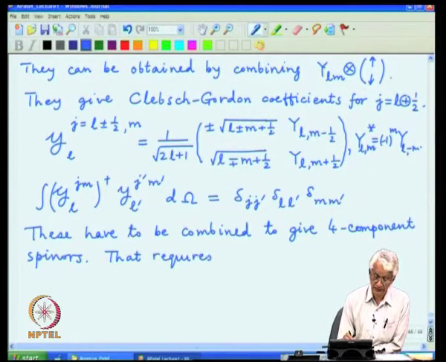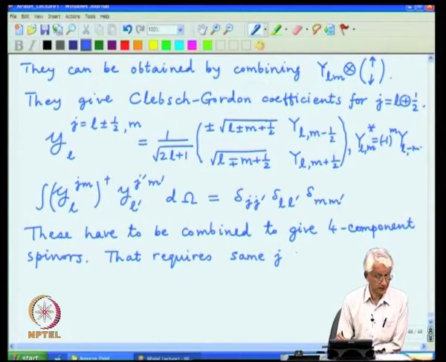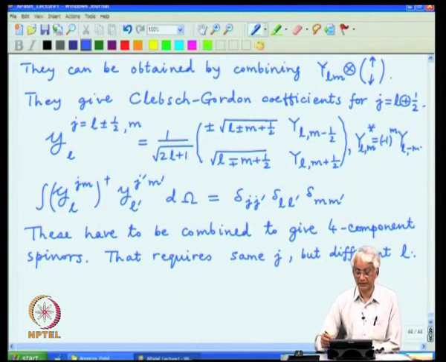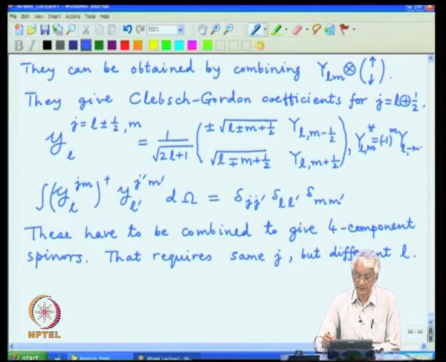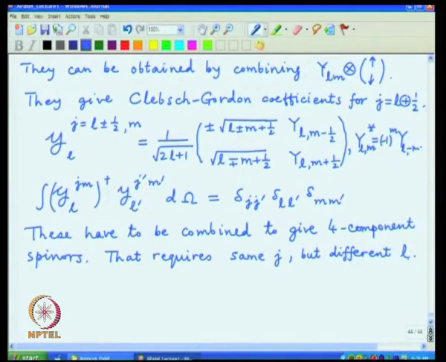solutions with the same value of j, but different values of L. In particular, the L values will differ by 1 unit, so as to contribute the compensating factor to gamma 0 to make up an overall parity state.